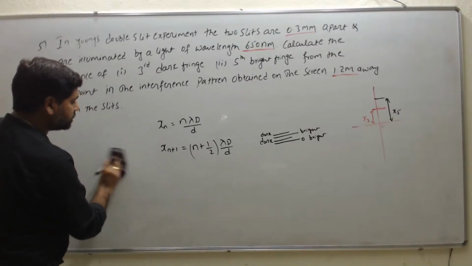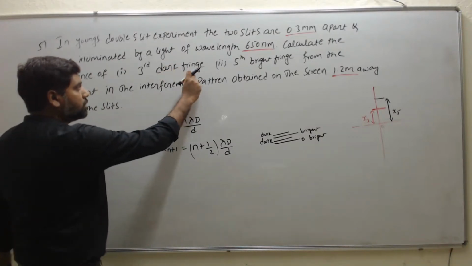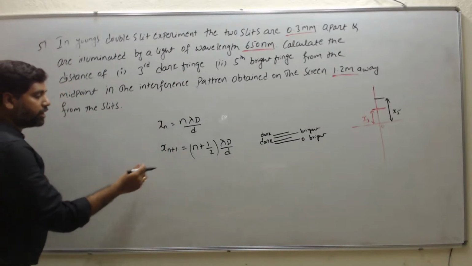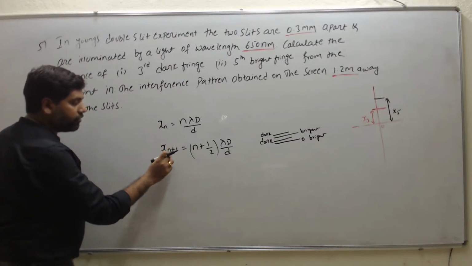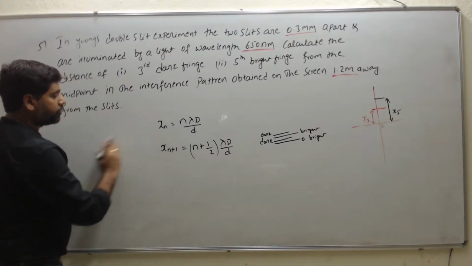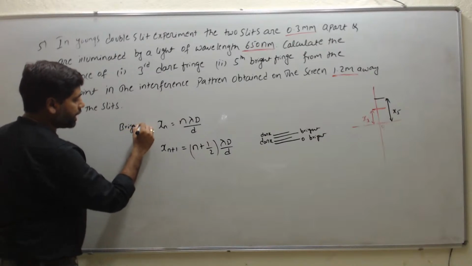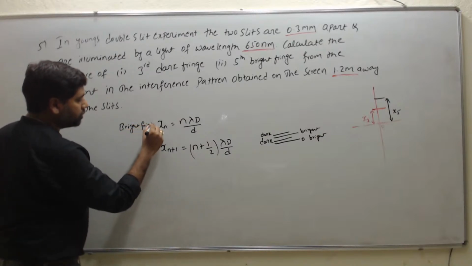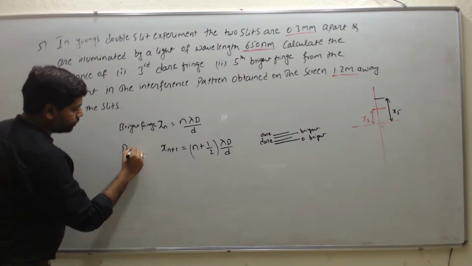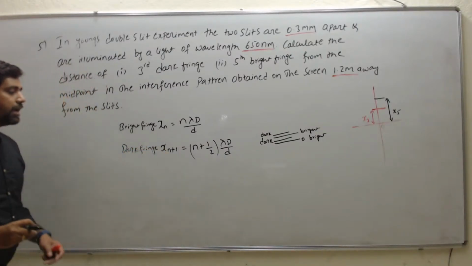So here they asked for the third dark fringe. So for third we need x3, then we have to substitute the value of n. So first we write this is for the bright fringe and this is for the dark fringe, that is the nth dark fringe.